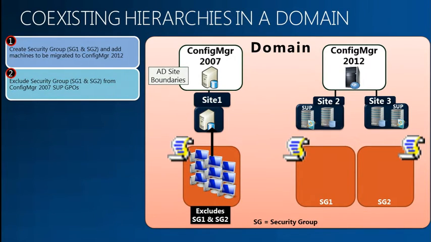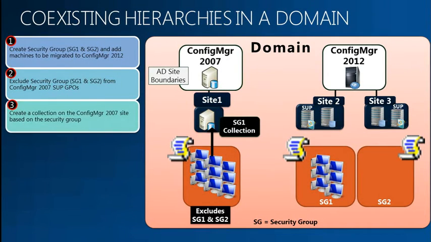We want to make sure that no policy, like group policy for site assignment, is targeted to SG1 and SG2. The third thing we did was add the machines we are targeting, in a phased approach, to the security group SG1. At the same time, for the same machines, we created a collection in our Configuration Manager 2007. So we did two steps in number 3: add the machines to the security group, and also create a collection in Configuration Manager 2007.